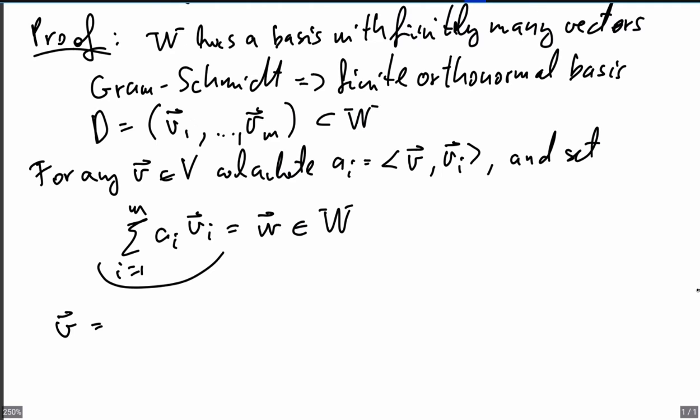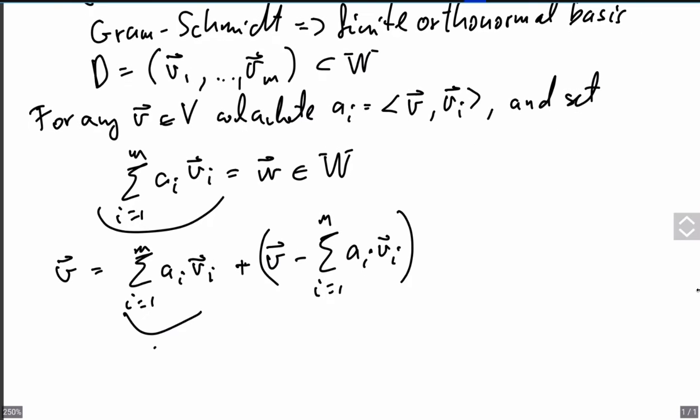So the trick is that we set v equal to this sum, which is clearly not v. Something is missing, and what is missing we add to get to it. Actually it's v minus the sum as i goes from 1 to m of a_i v_i. So the sum is the W vector, and this is unique because of the basis representation with the v_i.